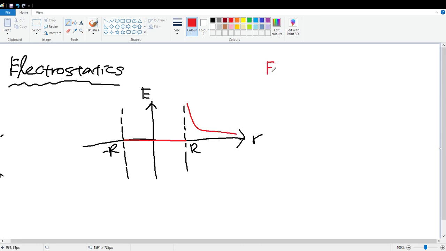So my electric field strength is equal to Q divided by 4 pi epsilon naught r squared. As for the negative part, the graph is the same reciprocal graph. So this is the graph of electric field strength against the distance. Alright, I think we have done this part.